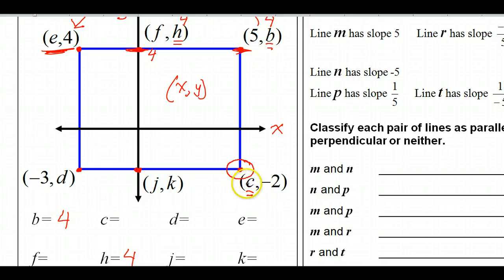So it's going to be positive something. So what we should be doing is looking for another value that's equally far to the right. So this time we should be looking at these 2 points. Okay, both of these points are equally far over to the right. So if the top point is at 5, whoa, I missed. If the top point is at 5, then the bottom point should also be at 5. So c should be 5.